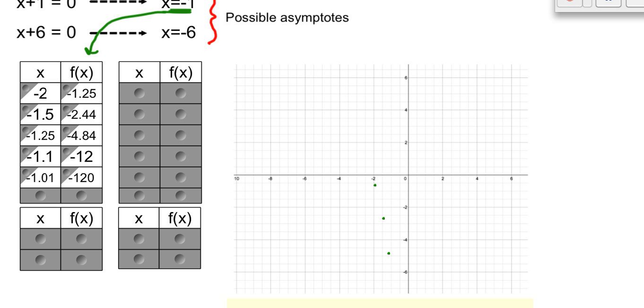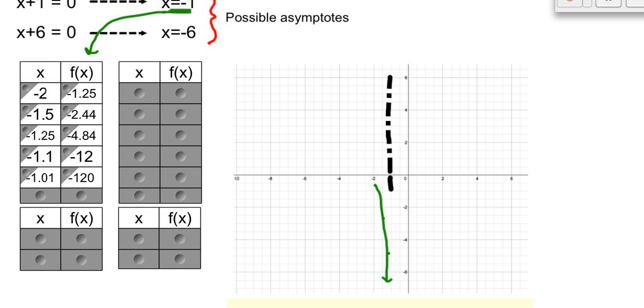So it looks like this graph is getting closer and closer to that x equals negative 1 and going down. We don't necessarily know what's happening elsewhere, but we know that that's what's happening over there. So it looks like we do indeed have an asymptote at x is negative 1.